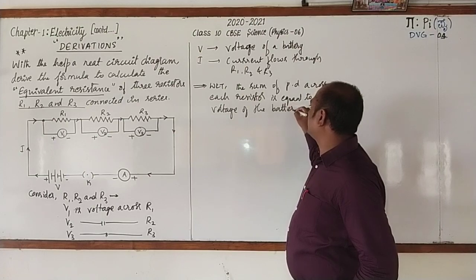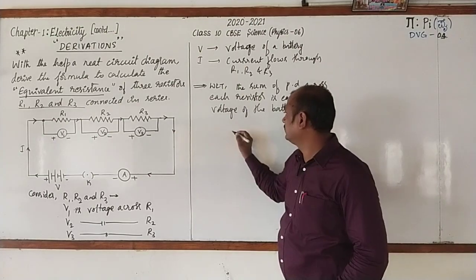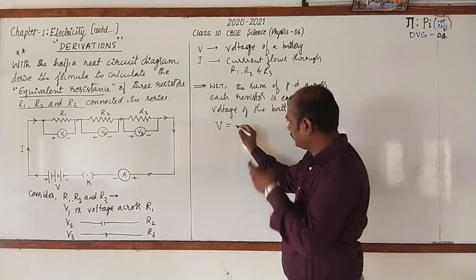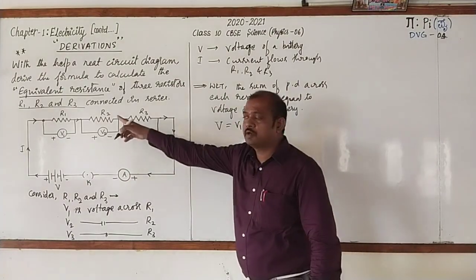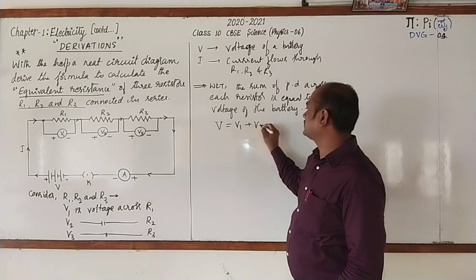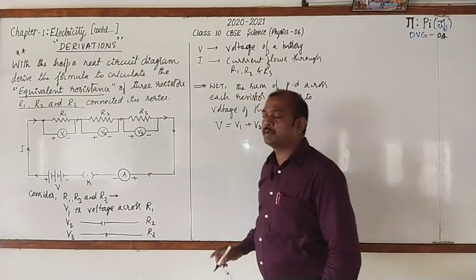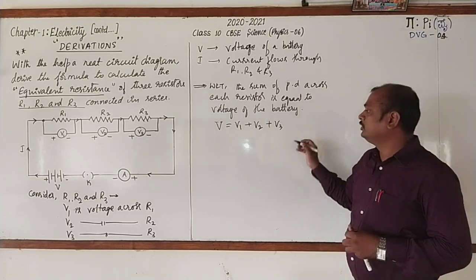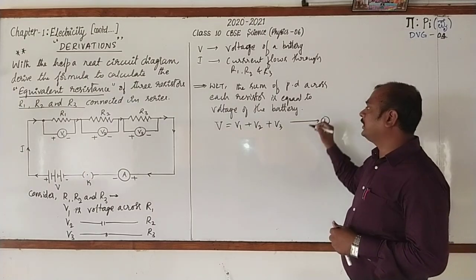Then this can be written mathematically as V equal to V1 plus V2 plus V3, where V is the voltage of the battery. Clear? You may call this equation 1.